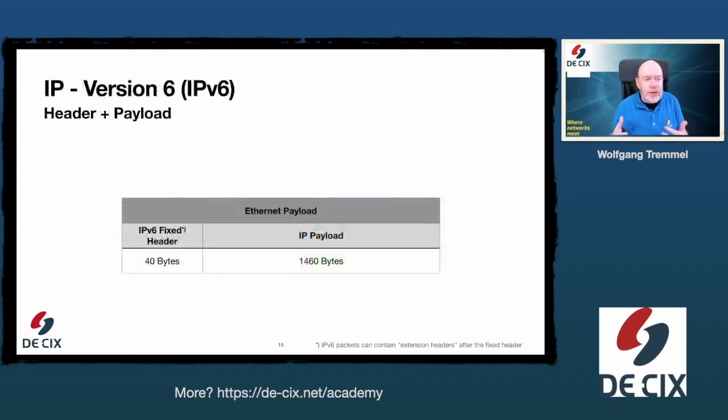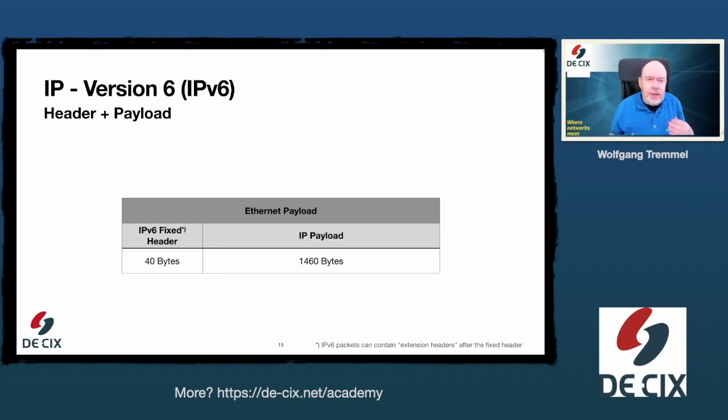So before I go to IP version 6, I am answering the obvious question: whatever happened to IP version 5? Well, there was never an IP version 5. The version number was reserved for a protocol called the Internet Stream Protocol. It never took off, but since the version number was used, they decided to use the next number when designing the new IP protocol, which then was called IP version 6.